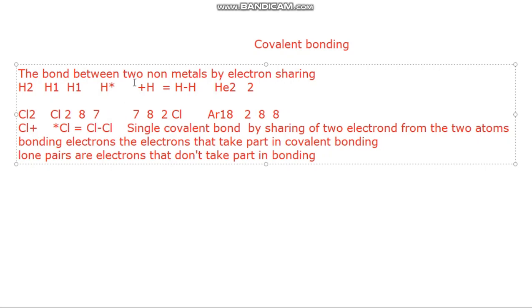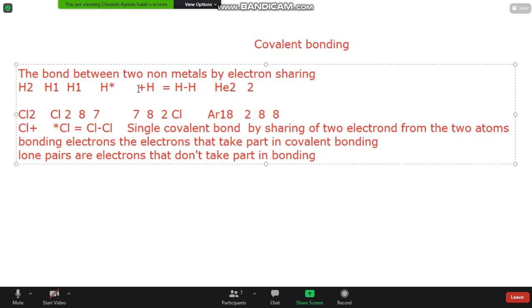Okay, now in hydrogen. Faris, how many lone pairs here in hydrogen molecule? Hydrogen contains 1 electron.